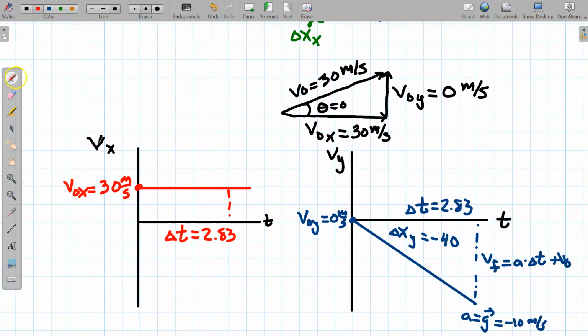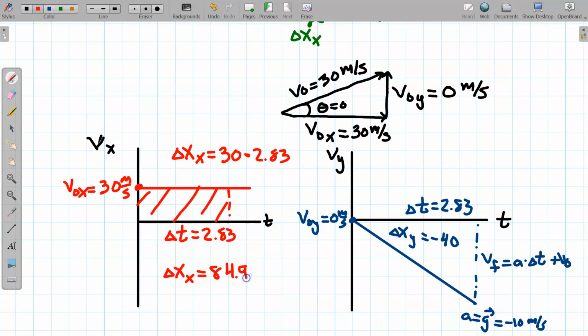And lo and behold, I have just dimensioned out this rectangle right here. This rectangle is the displacement in the x direction, which is going to equal 30 times 2.83, which is equal to 84.9 meters. And that's the answer to letter B, the range.